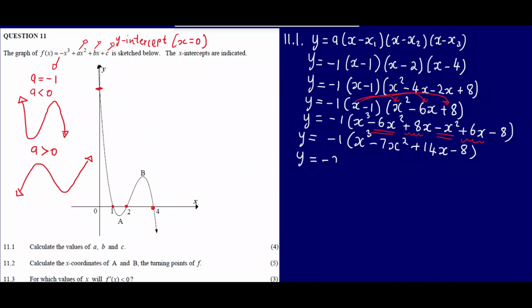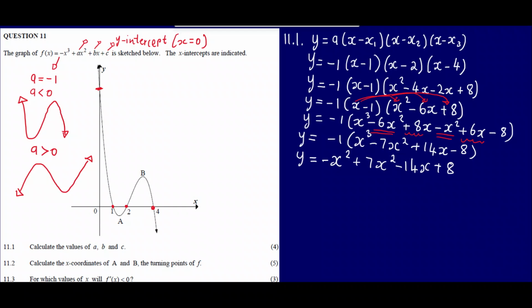So now if we multiply by negative, we're simply going to change the signs of the terms inside, and now we'll have negative x cubed, positive 7x squared, minus 14x, plus 8.